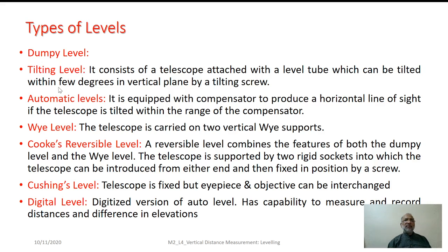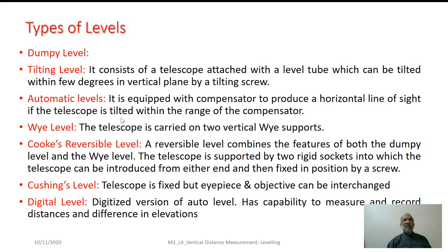Just to understand a few of the differences, the tilting level is provided with a telescope which can be tilted in the vertical plane. The automatic level is provided with some kind of compensator which works on its own to make the line of sight horizontal in some range of the tilt.